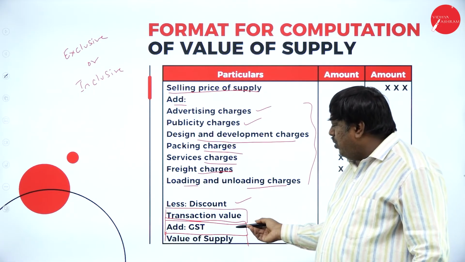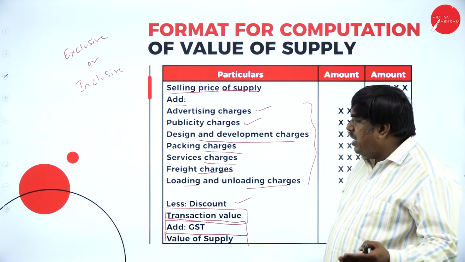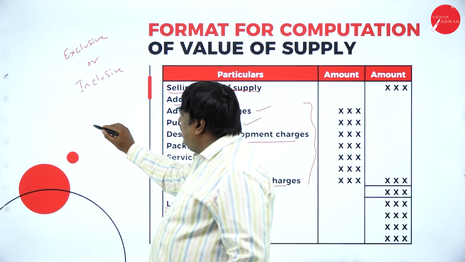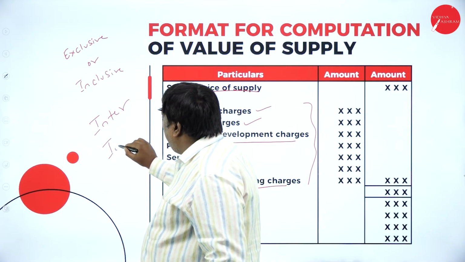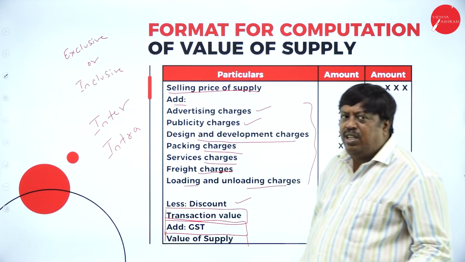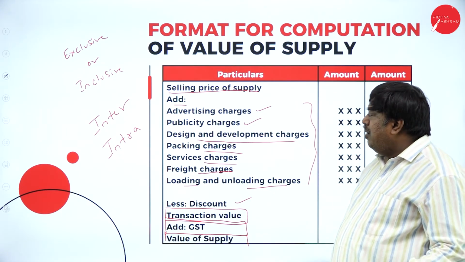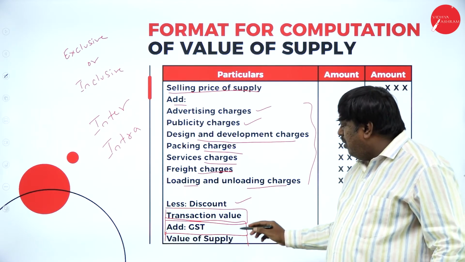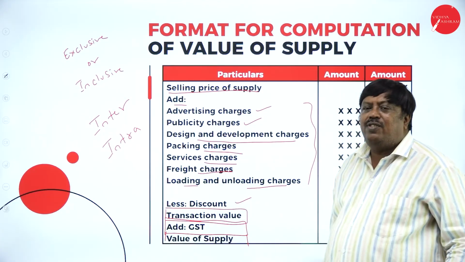Then we get the transaction value, and add the GST. Based on inter or intra, add the GST, that is CGST, SGST or IGST, whichever applies, based on the percentage, and adding transaction value with the GST, we get value of supply.